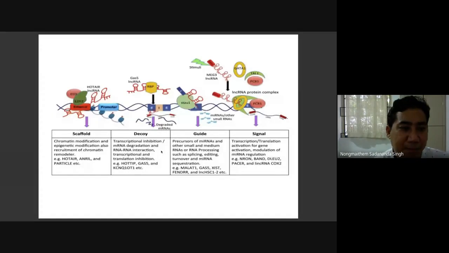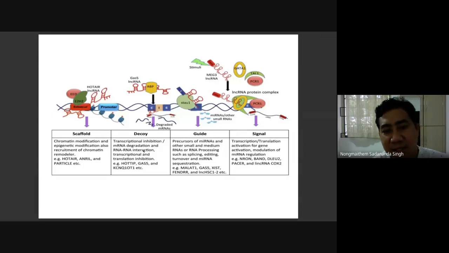So one function is the change in the chromatin structure, either at the histone level, the very basic organization of chromatin structure, or DNA organization in the case of eukaryotes, or it can recruit certain factors which bind to RNA, and that affects the epigenetic pattern or the packing of the nucleosome pattern. All these things can change. So one is at the chromatin level, where it can regulate the structural change in chromatin organization.